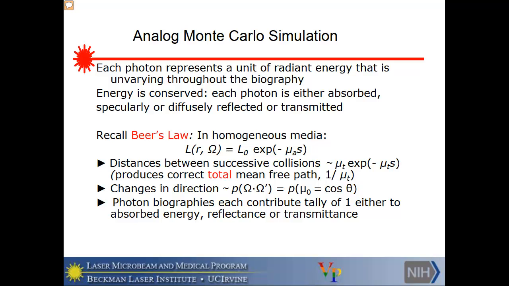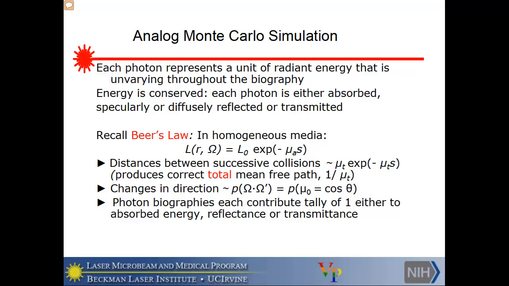With analog Monte Carlo, again, you use Beer's law to transport photons in homogeneous media. The exponential from Beer's law in the classical sense just involves mu a. But distances between successive collisions or interactions of any kind are chosen, as I said before, with mu t in the exponent.